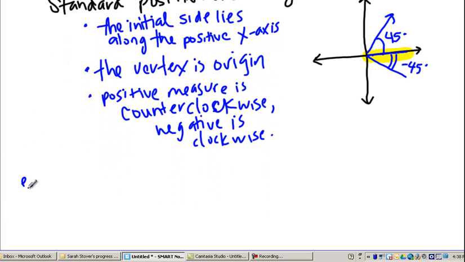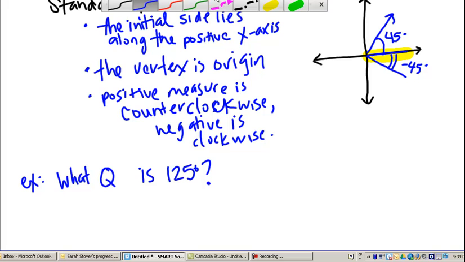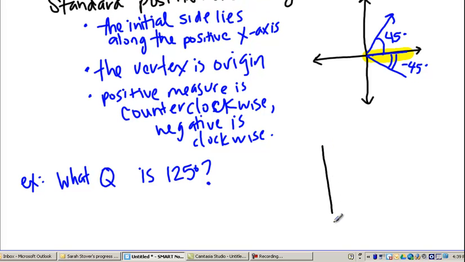If I asked you, what quadrant, and I'm going to shorthand it, Q means quadrant, is 125 degrees? Oh, first maybe I should tell you this. I think y'all know this, but I have to say it just in case.